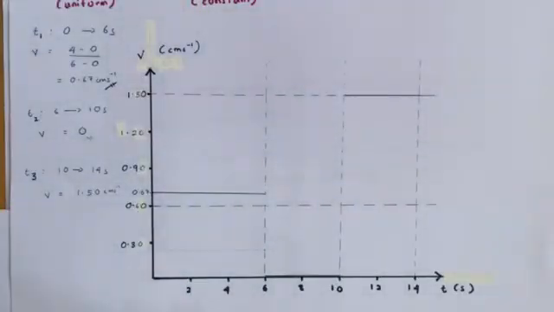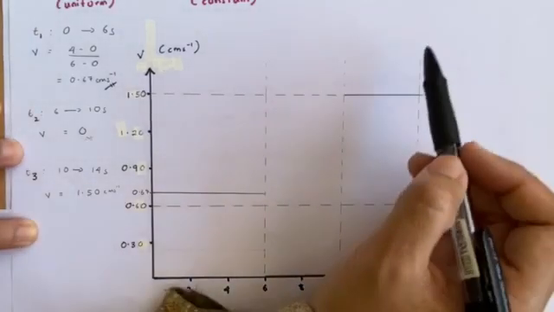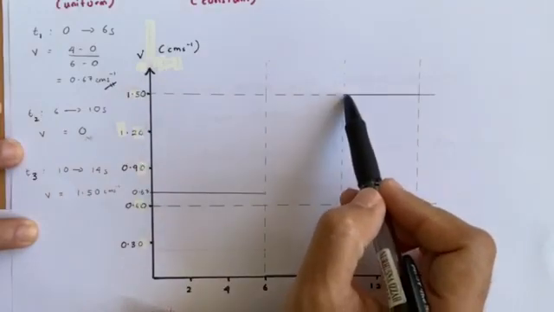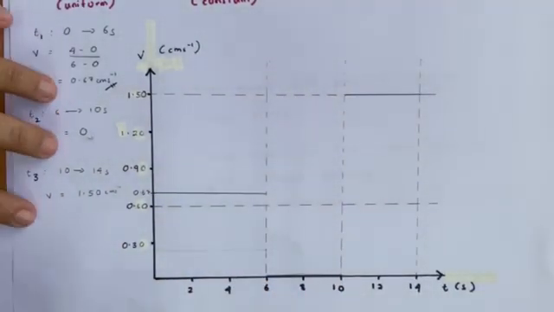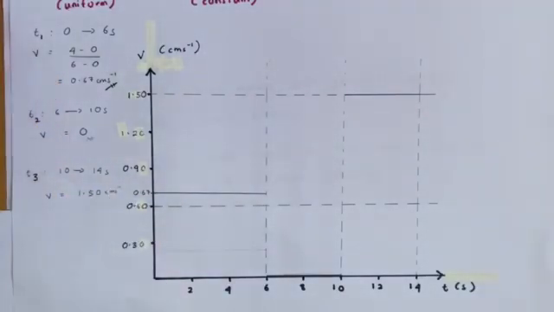So we will get the value of 1.5 centimeter per second. Here I've labeled 1.5 centimeter per second. So this is a constant graph where we have only straight lines without gradient. Okay, so this is for part B of the question.